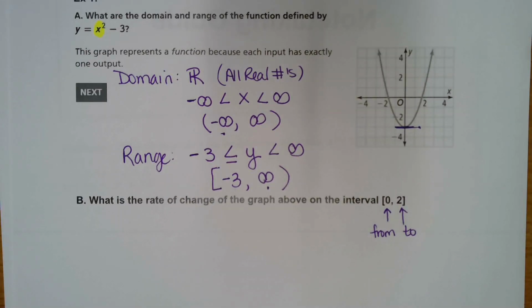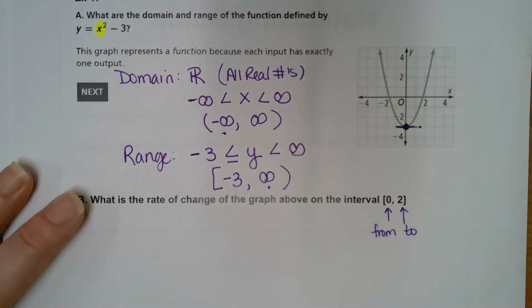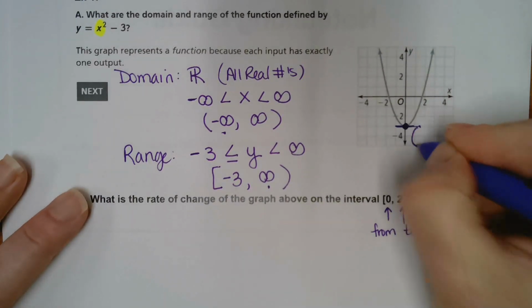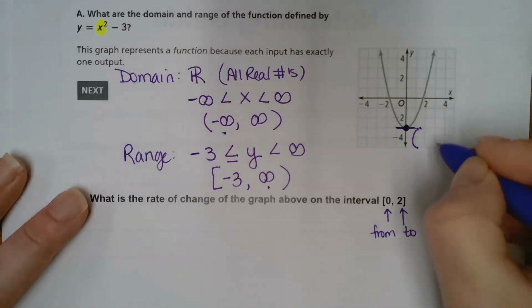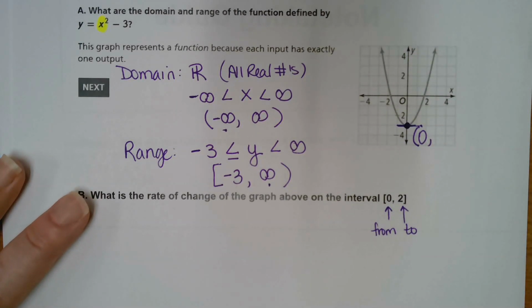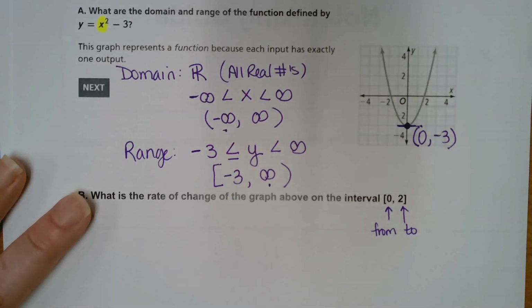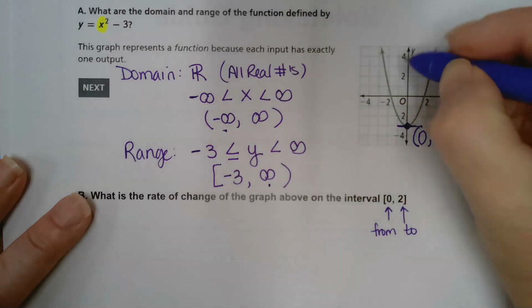So let's go on the graph and let's put an ordered pair on the graph at 0, and it's down here, isn't it? Let's label that point. What are the coordinates of that point? 0, comma, how far down did we say it was? -3. And then let's go up to 2, right here.